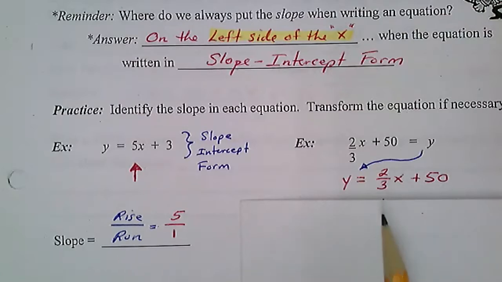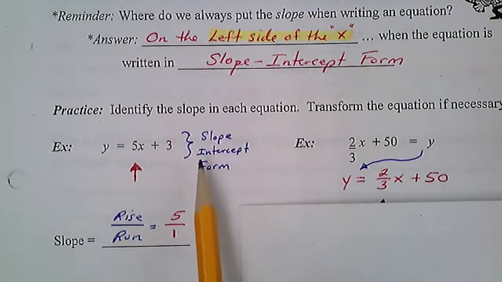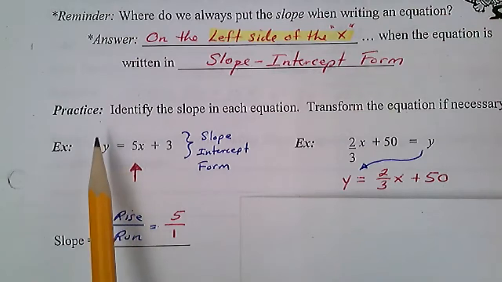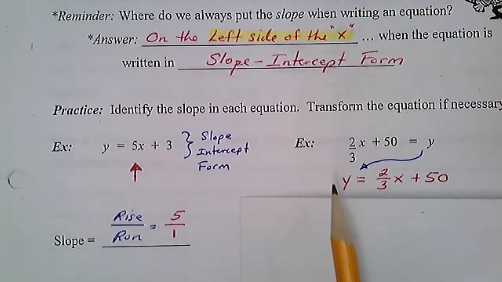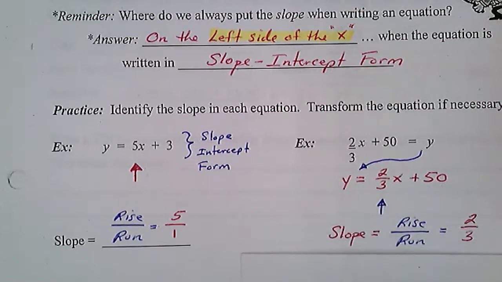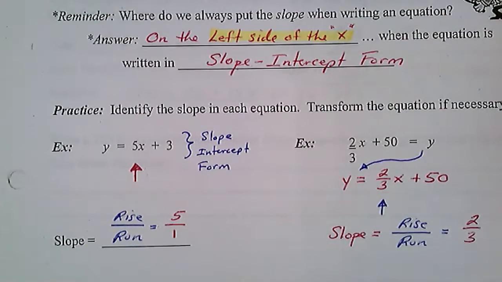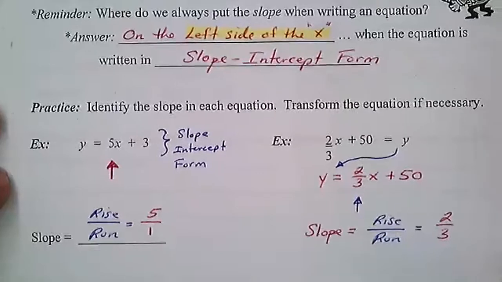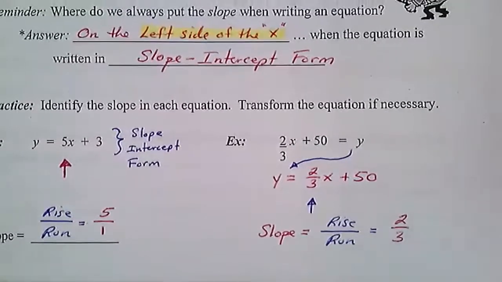So the question is, what format is this in? Is it in slope-intercept form like this, or is it in standard form? And hopefully you can see that if the y is by itself, here the y is by itself, then we would say that's in slope-intercept form. So we can identify the slope, and our slope is 2 over 3.